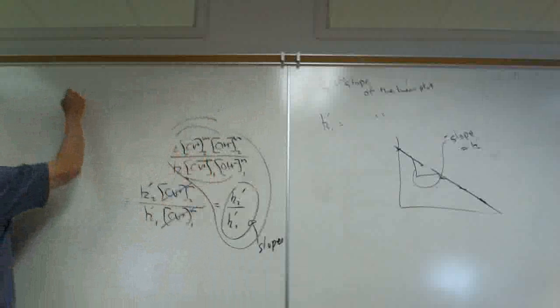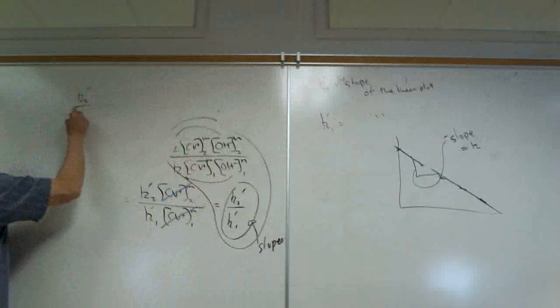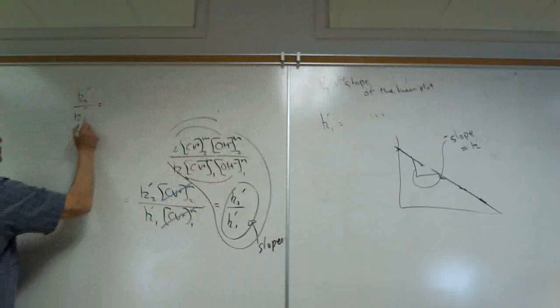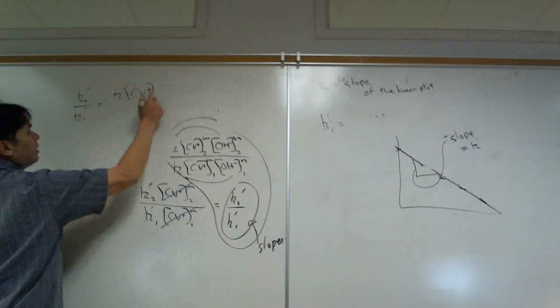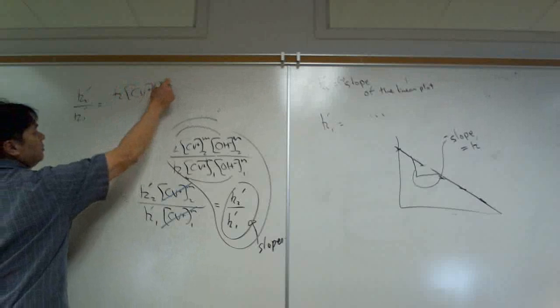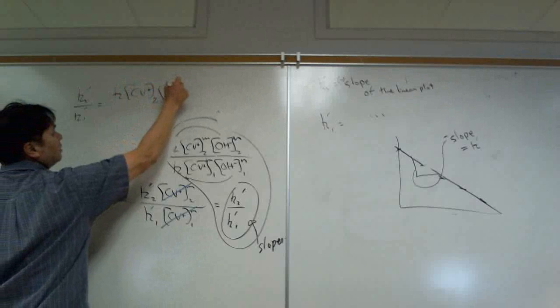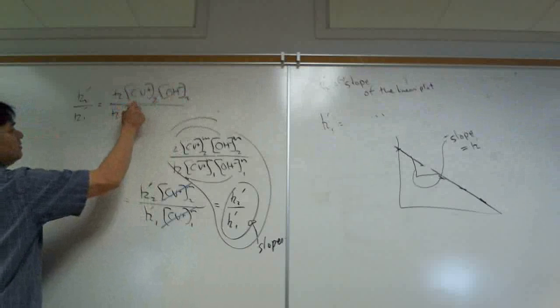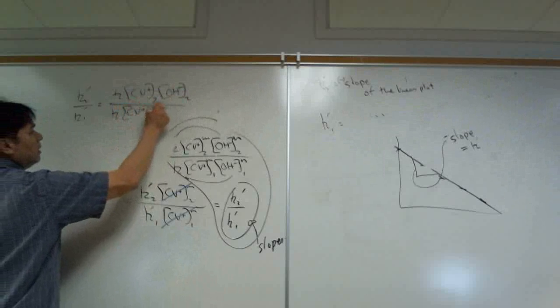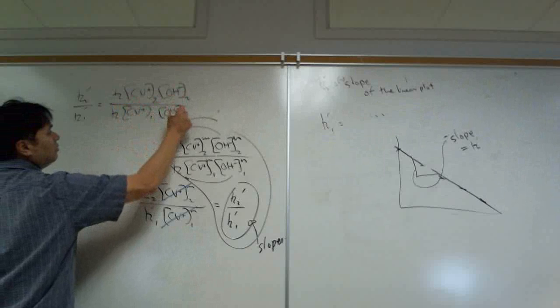And so we're going to get K2 prime over K1 prime is equal to K times the CV plus for run 2 times the hydroxide for run 2 over the K for CV plus run 1 hydroxide for run 1.